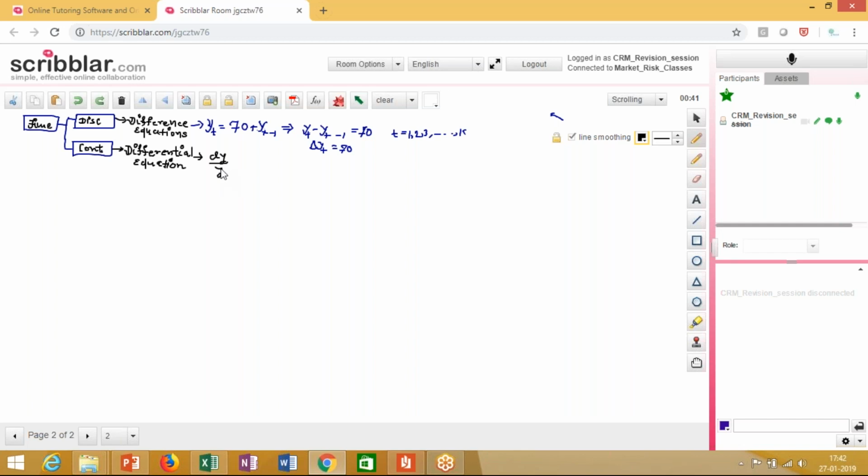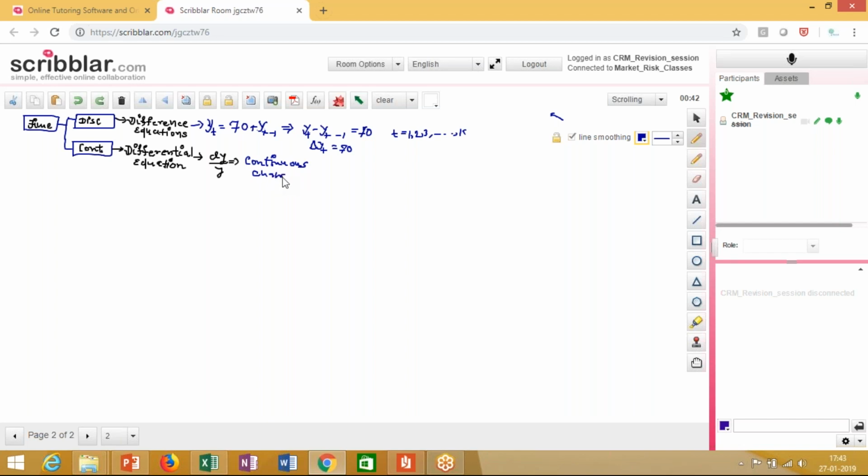By a continuous percentage change of y, I'm trying to figure out the dynamics of y. If you see this dy by y, it represents a continuous change where y itself is a continuous variable.